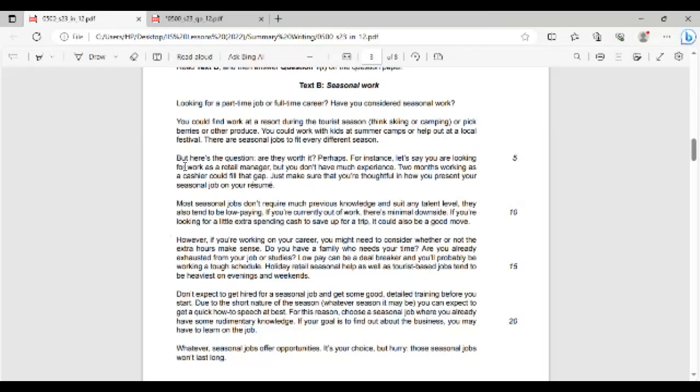So to what extent can you read and understand what you read? And the best way to demonstrate the extent to which you understand what you have read is being able to identify points, whether the points are explicitly stated or implicitly stated.